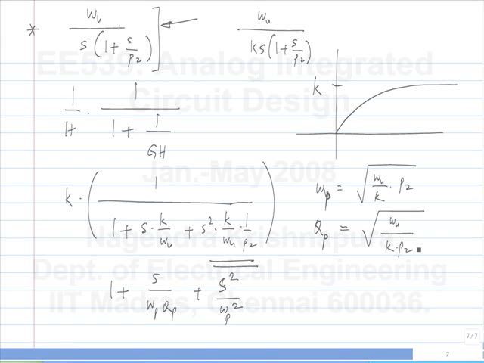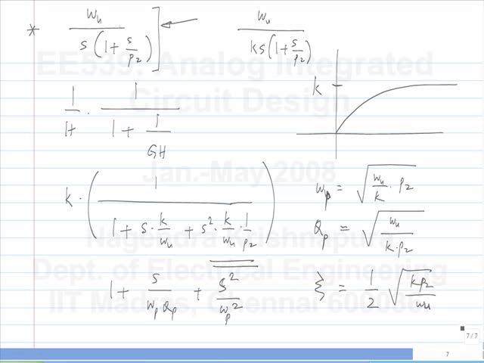Or if you are more comfortable with the damping factor, what is that? So either way, if Qp is greater than half, there will be ringing in the step response.